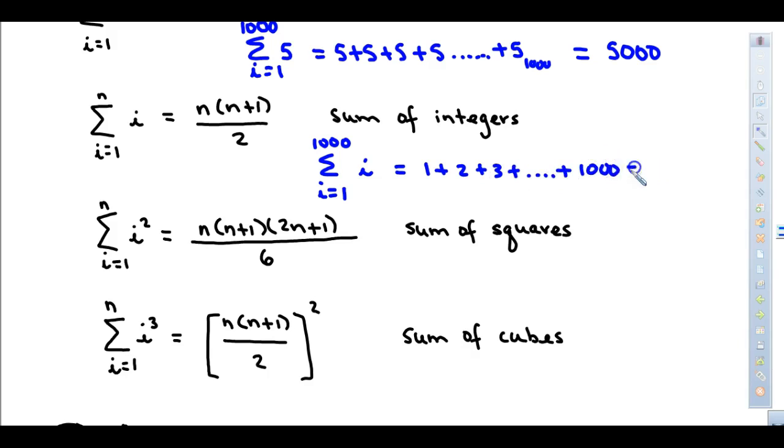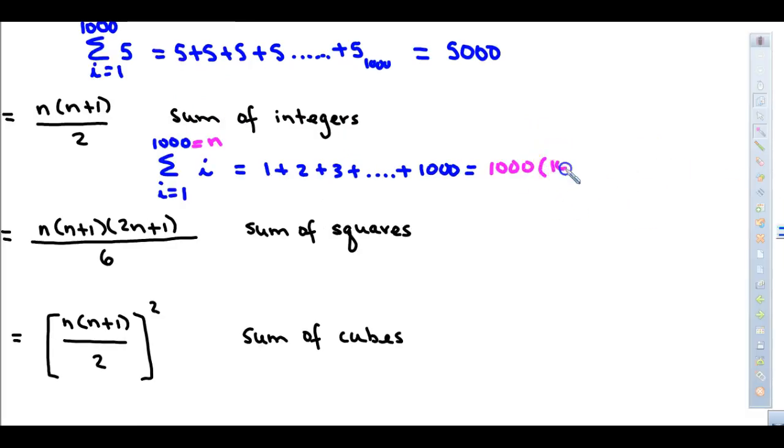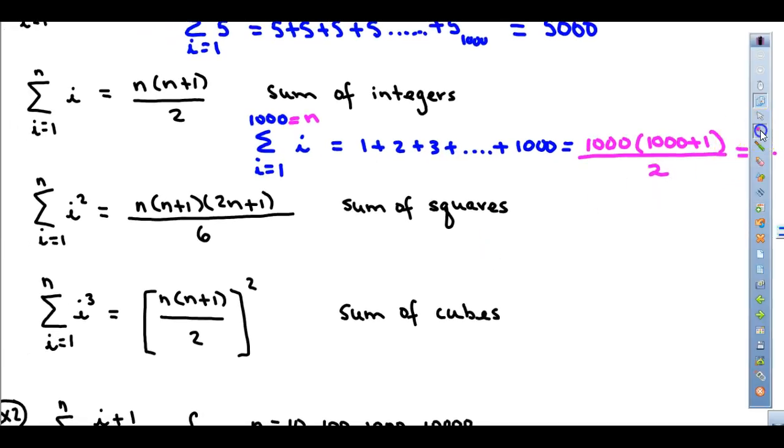Nobody wants to do all that work, so what's your shortcut? Remember that this number is your n, and you just plug it into this formula. So you're going to do 1,000 times 1,000 plus 1, divided by 2. It's going to be that simple, whatever that is. I'll let you figure that out on your calculator. And that's a whole lot easier than adding up that whole series of numbers.